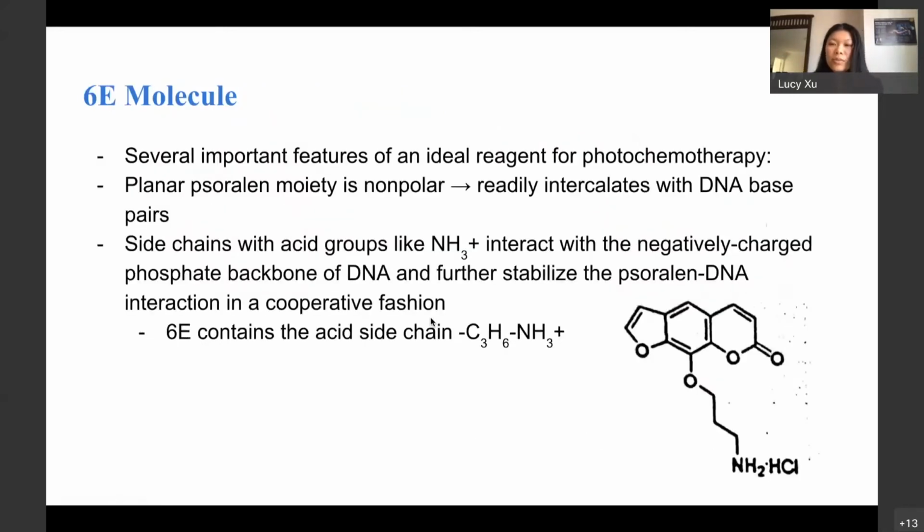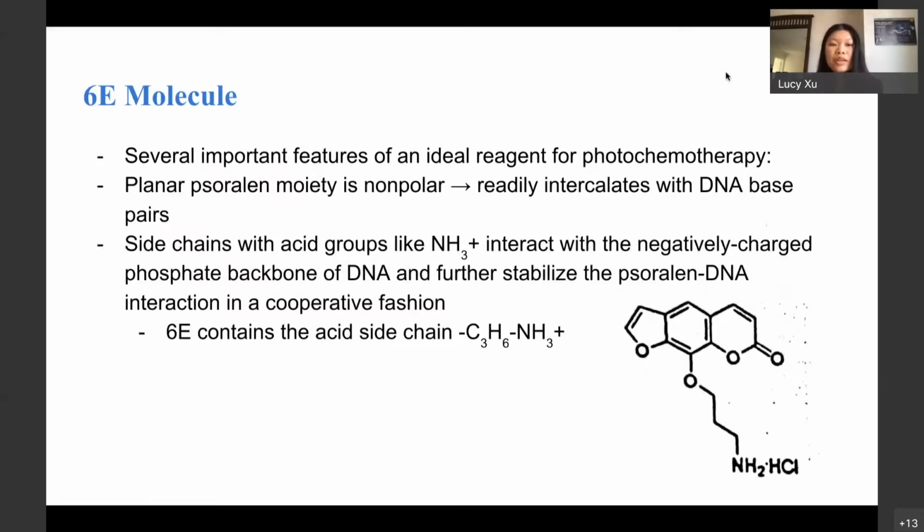In collaboration with our colleagues at the Duke University Small Molecule Synthesis Facility, we have designed a novel sorrelin molecule, 6E, and it has several important features of an ideal reagent for photochemotherapy, which is the technique to treat skin diseases that I mentioned before.